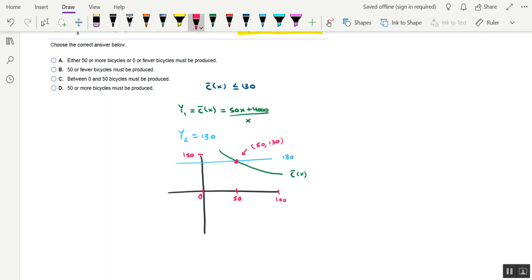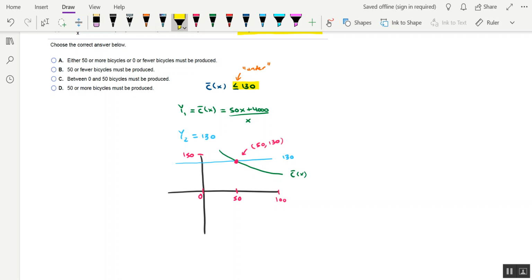I'm going to return to the original statement of this inequality. We want the average cost to be less than or equal to 130. From a graphical perspective, what we're looking for is any parts of the average cost function that fall under the value of 130.